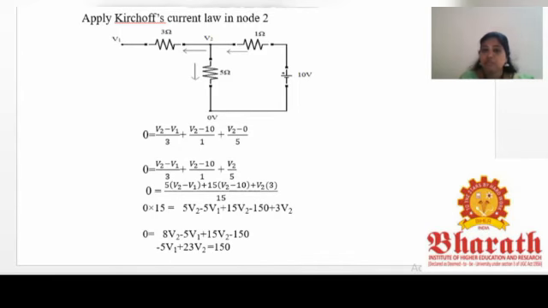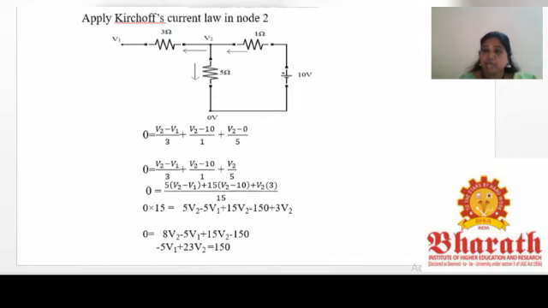So this voltage source is indirectly connected to node 2 through the 1 ohm resistance. One end of this 10 volt source is connected to node 2 indirectly. Same way, this end of the 1 ohm resistance is indirectly connected to the reference node. So these are the elements connected with node 2.